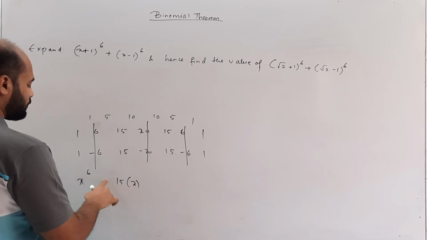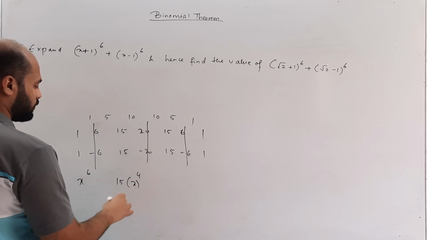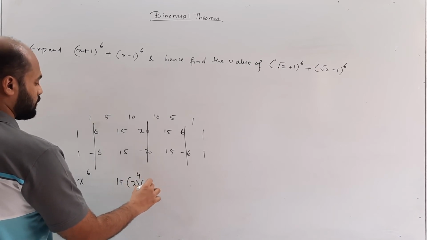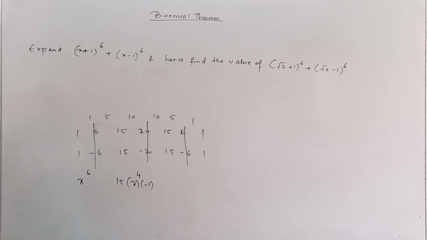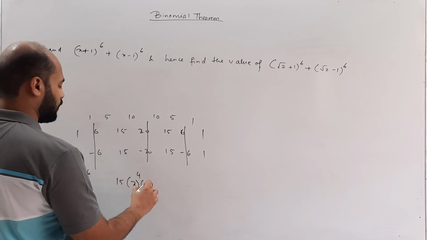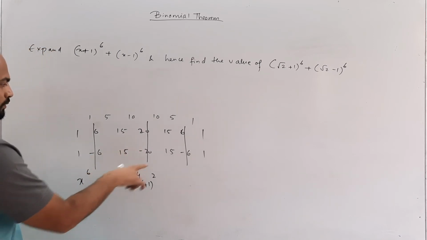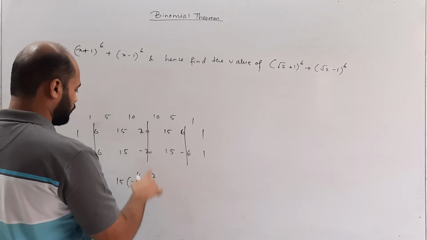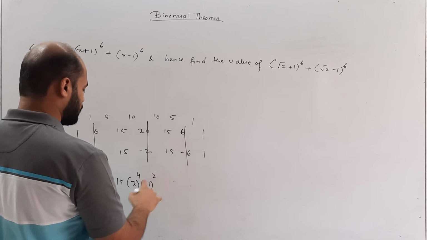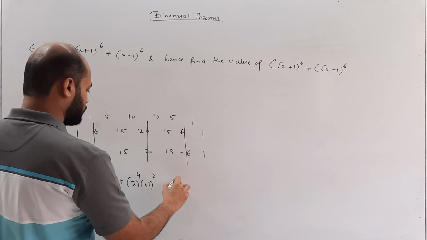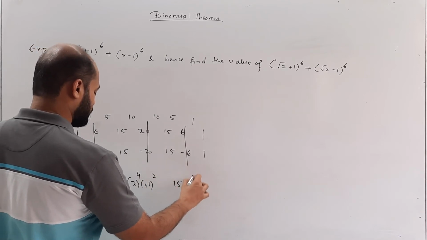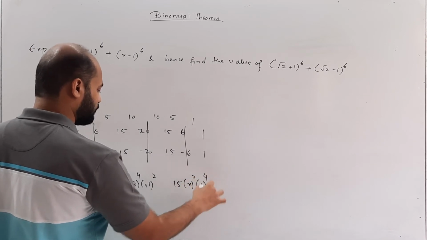This is going to be 15 x raised to 4, and this is plus 1 raised to 2. This is the second term. Third term over here, of course this is minus, so this is plus, 4, 3, 2. And this is going to be the fourth one.